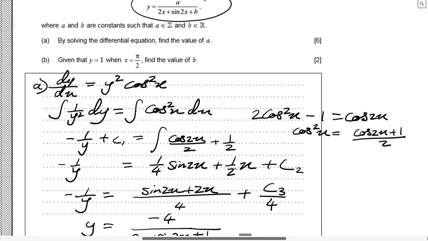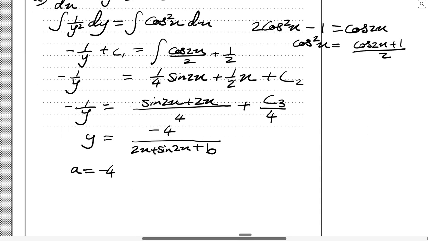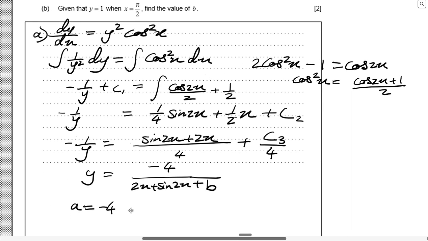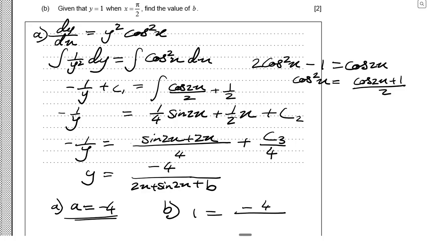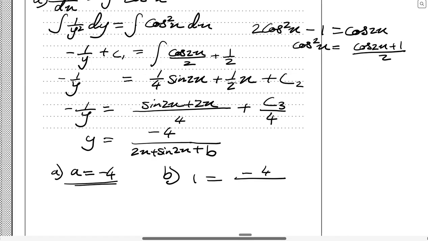Then given that y is equal to 1 when x is equal to pi over 2, find the value of b. So this is for a. Now let's do b. Y is equal to 1, negative 4 over, and we have what is x?